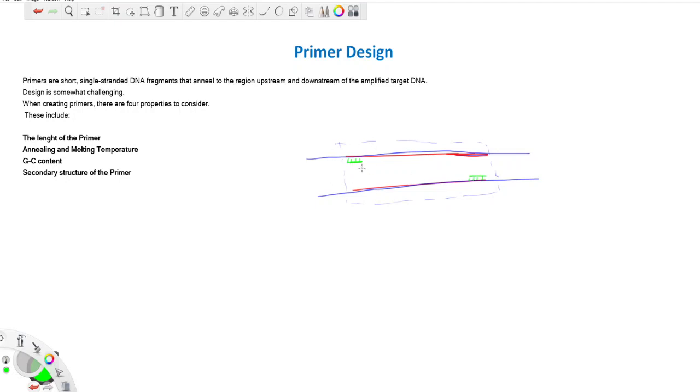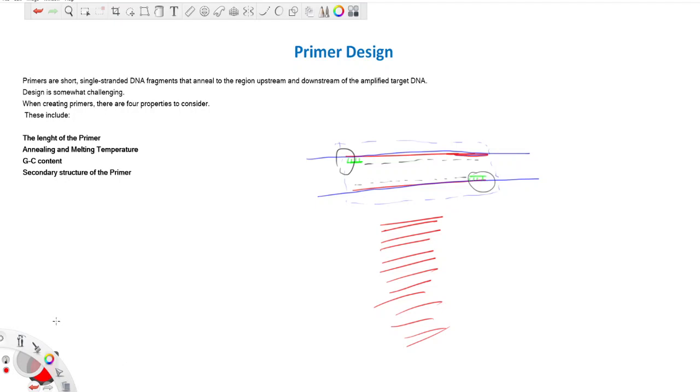And the reason why they anneal here, they're going to make it easy for polymerase to later on bind here and start the synthesis of this region a couple of times, and at the end of it you are going to have multiple regions like this of those red regions, and the blue are actually eventually going to fall away. So that's the reason why we have primers.